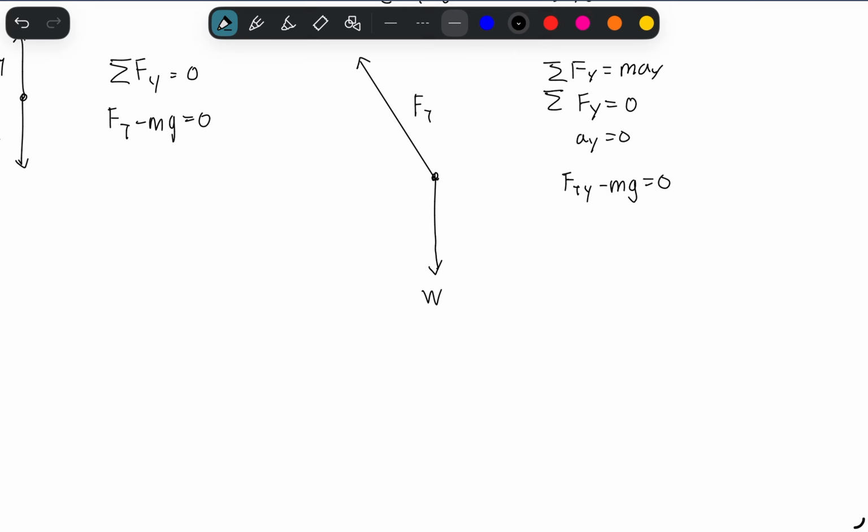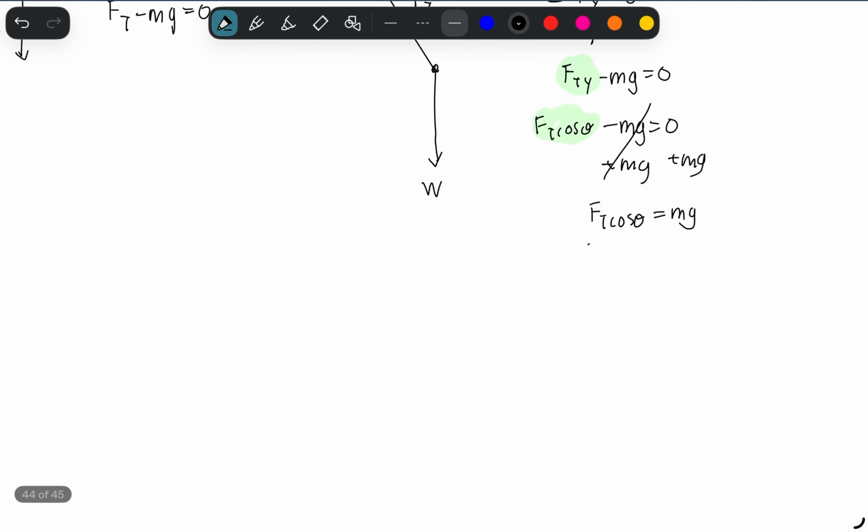We know that Fty was Ft cosine of theta. What we can do is add mg, and you can see clearly that Ft cosine theta is just equal to mass times gravity. If you solve for tension force, you divide both sides by cosine theta, so you get that the force of tension is equal to mass times gravity divided by cosine of theta.